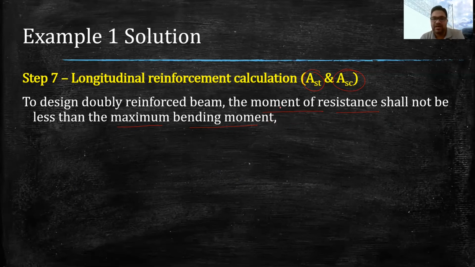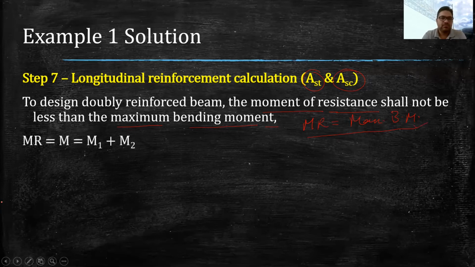So that is why I have written here that the moment of resistance of the beam shall not be less than the maximum bending moment, which means moment of resistance MR will be equal to maximum bending moment. This is the equilibrium condition that we are supposed to follow, and on this condition, our reinforcement will be calculated.